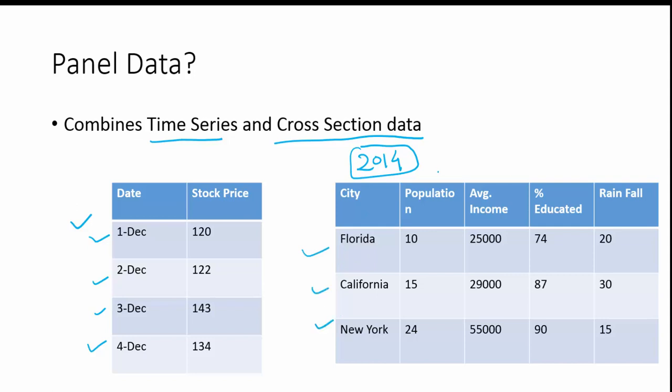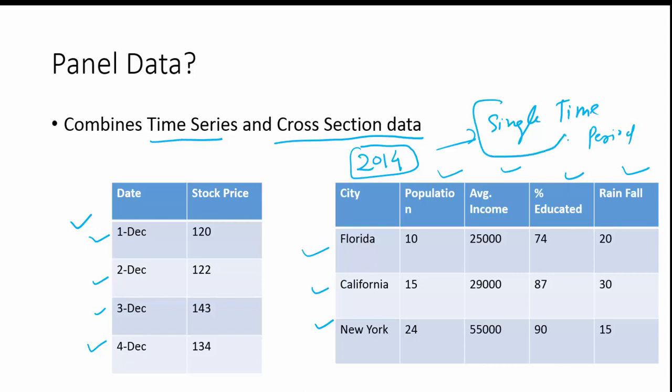We have got the population in millions, average income, percentage educated, and then the rainfall. Okay, so I've got data for different cities for a single time period. That's important, single time period.